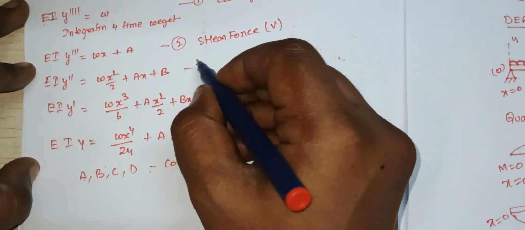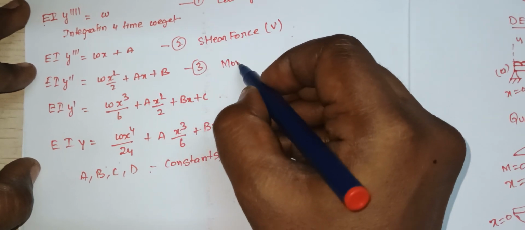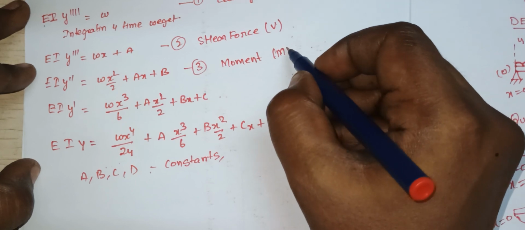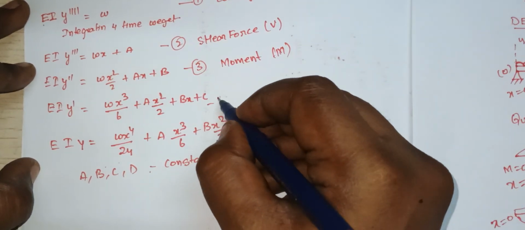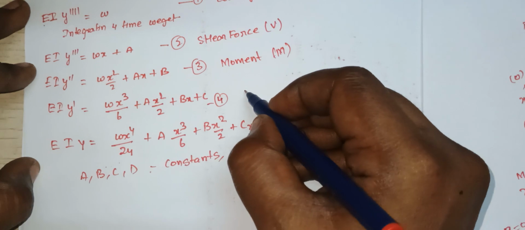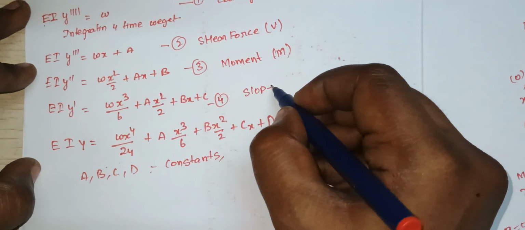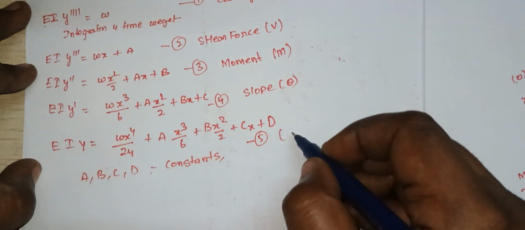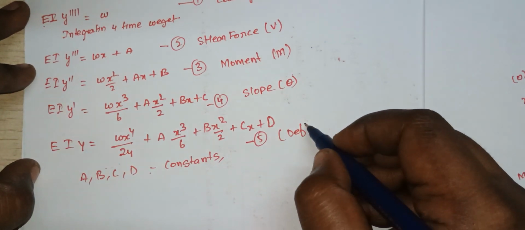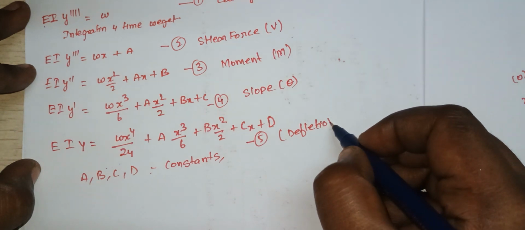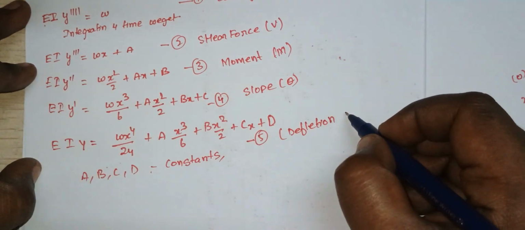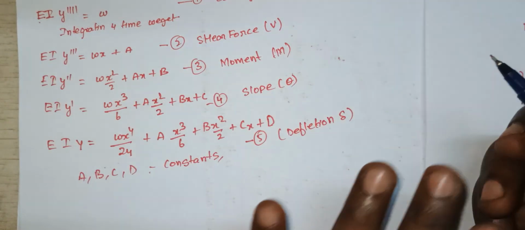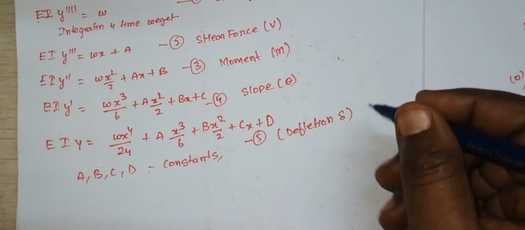The third equation gives you the moment, that is M. The fourth equation gives you the slope, that is theta. And the fifth equation gives you the deflection, that is delta.